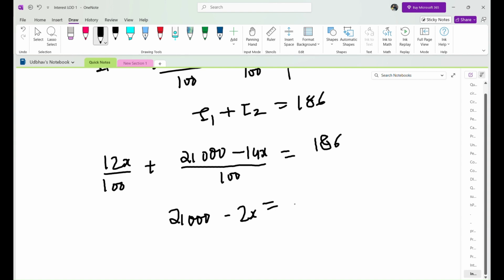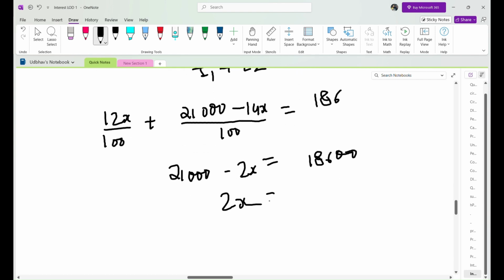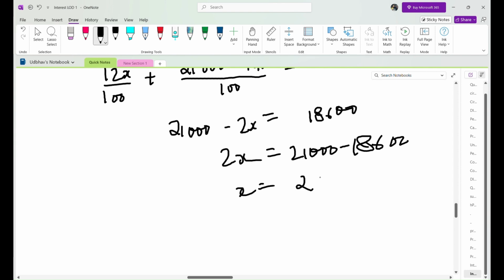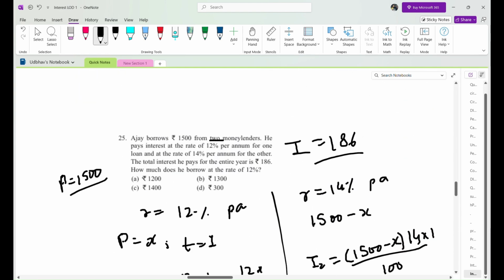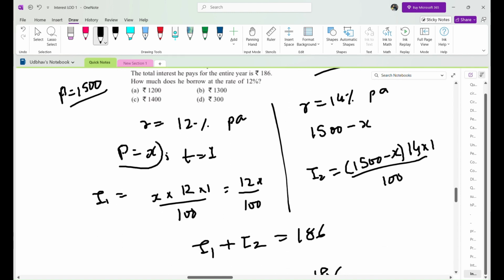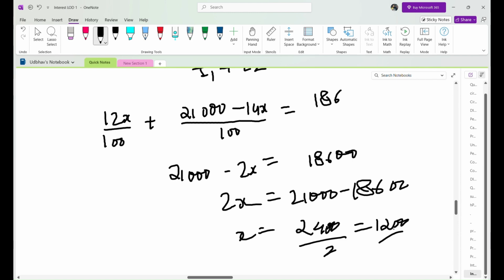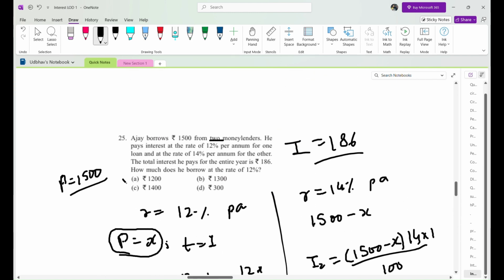This 100 we can take to the other side. 18600. 2x equals 21000 minus 18600. 21000 minus 18600 is 2400. So x equals 2400 upon 2, which is 1200. How much does he borrow at 12%? 12% we assumed was x, and x has come to be 1200. So the answer is 1200.